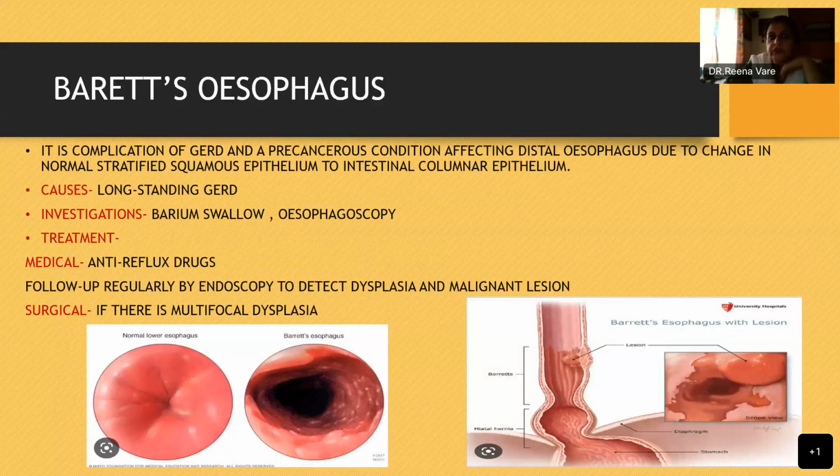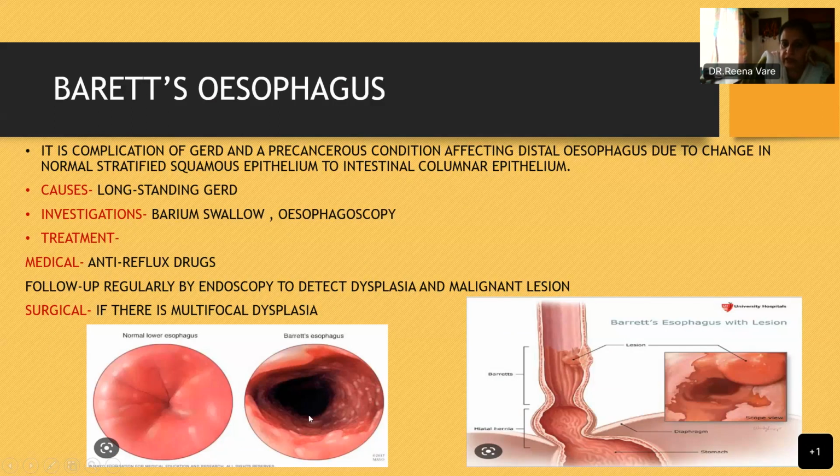Now, Barrett's esophagus is a complication of GERD, that is gastroesophageal reflux disease. It's a precancerous condition. It involves the distal part of the esophagus, where the normal stratified squamous epithelium is converted into intestinal columnar epithelium. Now this is the normal esophagus and this is Barrett's esophagus.